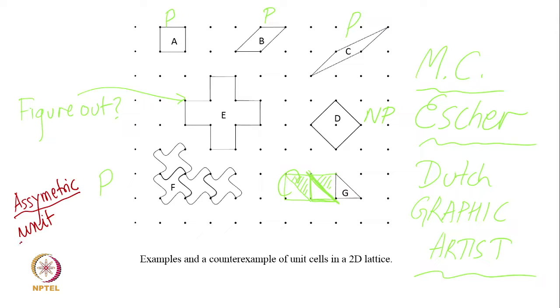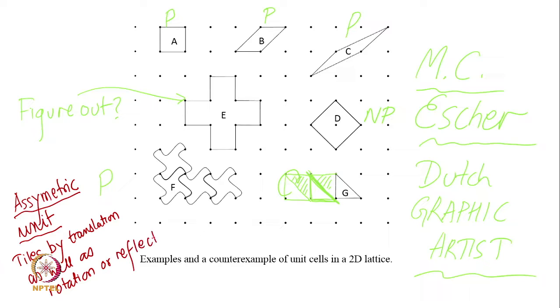So, asymmetric unit tiles by translation as well as rotation or reflection, that is allowed.